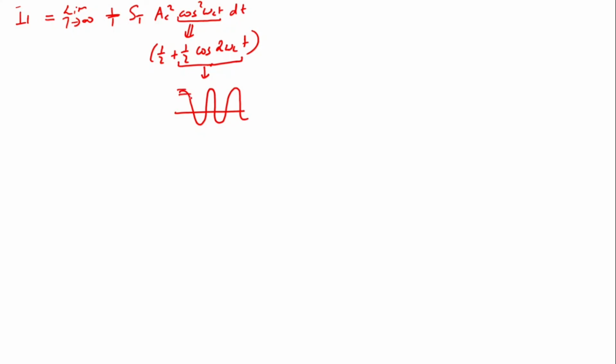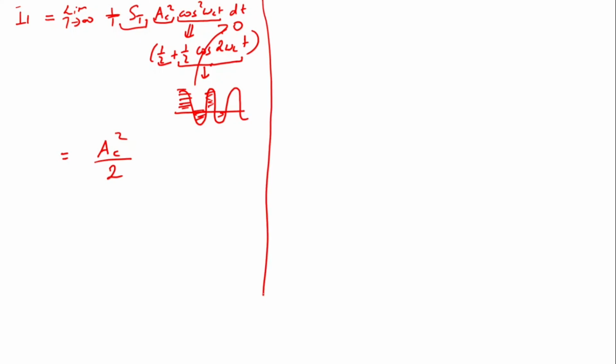Hence the upper lobe would cancel with the lower lobe and so on. So this term would be equal to 0 based on this integration. Eventually we simply have Ac square by 2 coming out of this integration. Therefore the power in the carrier is simply Ac square by 2.